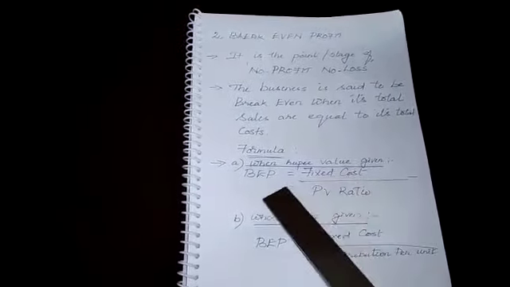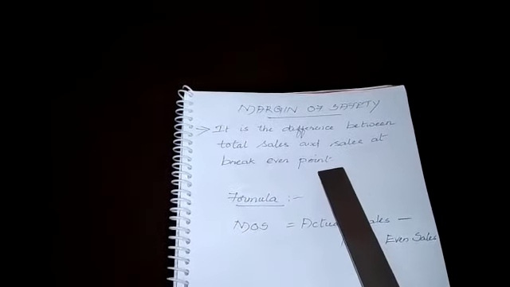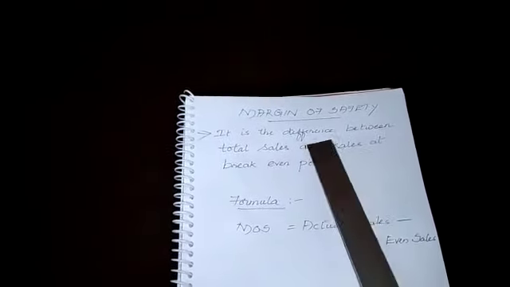Next term is margin of safety. It is the difference between total sales and sales at the break-even point. Total sales means actual sales that will be given in the sum. Break-even point sales is what we are preparing in the second step, the important terms we have studied just now.